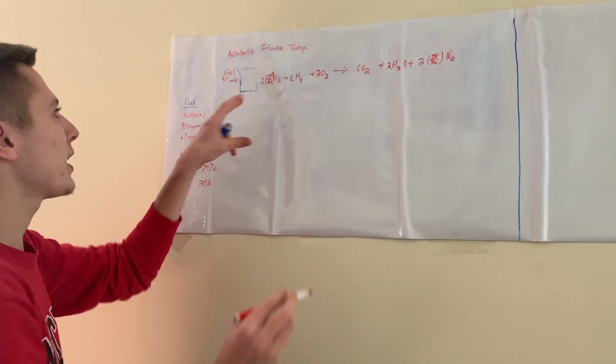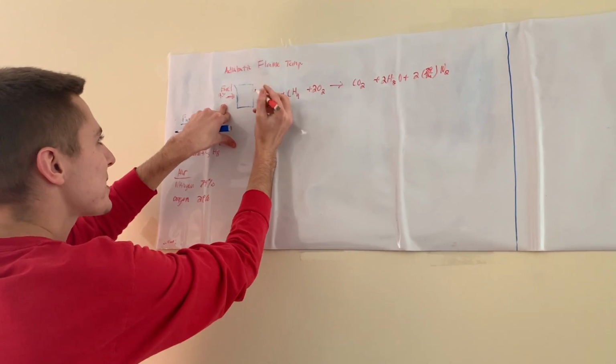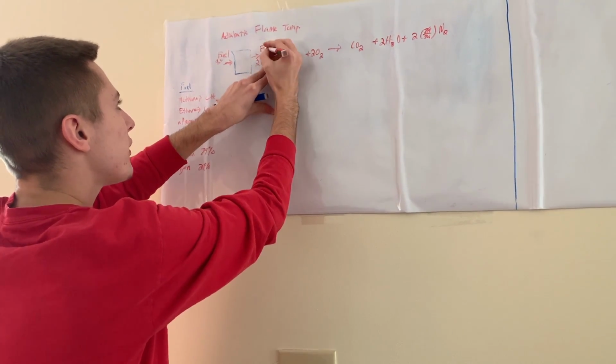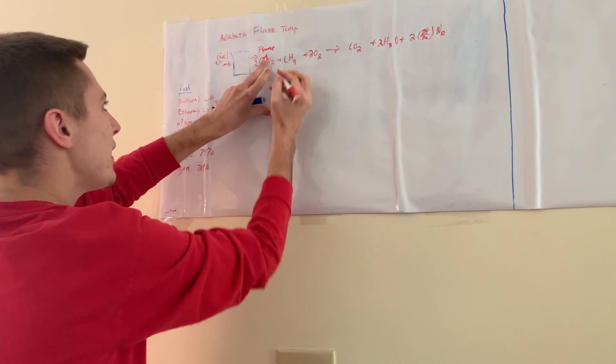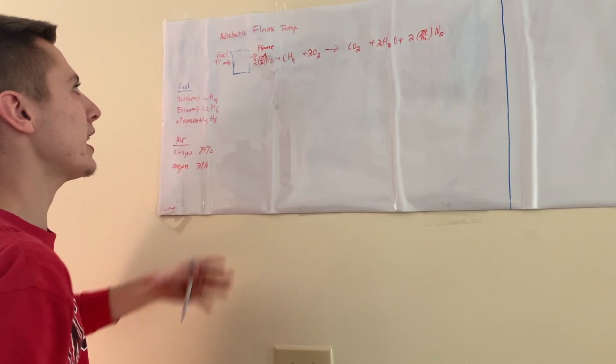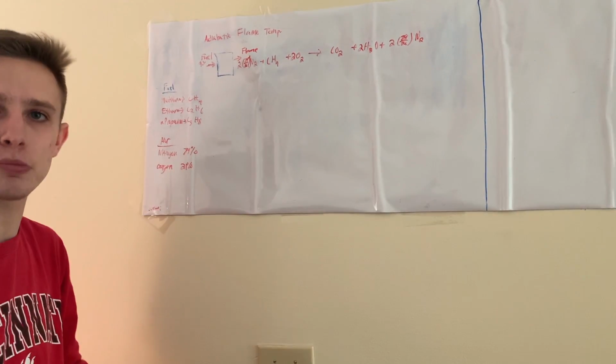Actually, I need to go back real quick and say that this is what's going in. So our product, before I get ahead of myself, is going to be some flame. And the adiabatic flame temperature, we're trying to find out the maximum temperature of that flame coming out here based on the temperature going in and the products the fuel's burning.